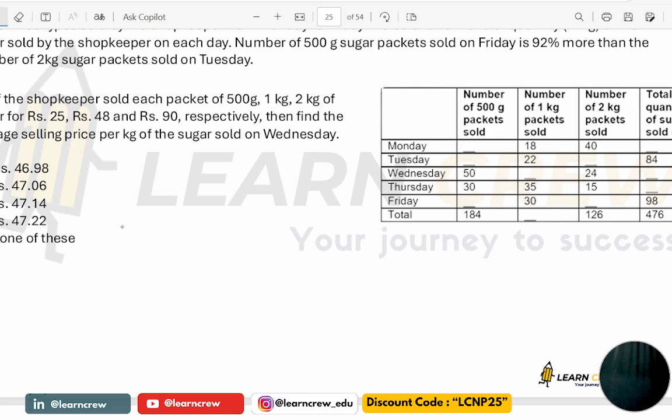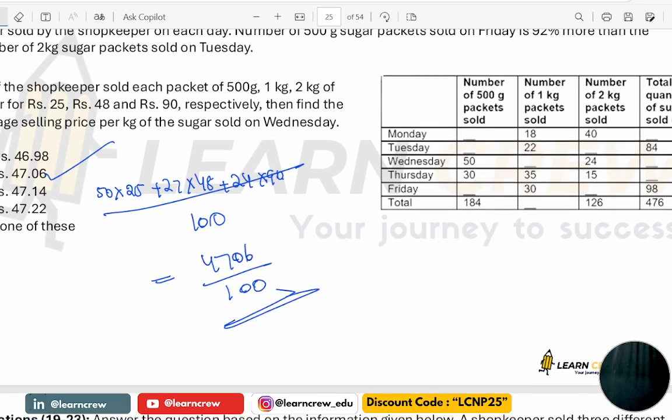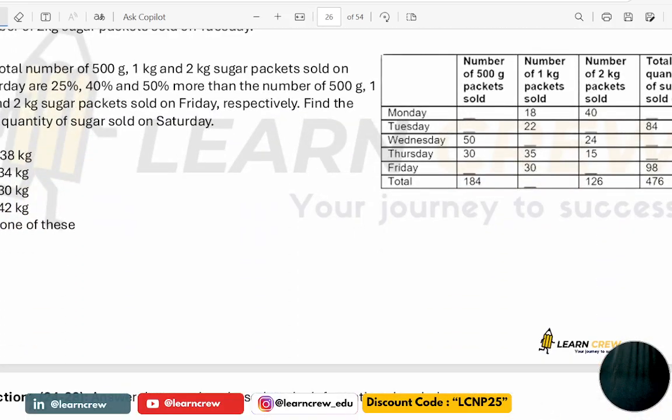It is 50 into 25 plus 27 into 48 plus 24 into 90. Thereby the average is total divided by 100 kilo. So it is nothing but 4706 by 100, which is 47.06.